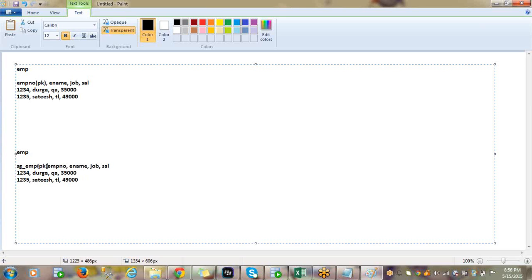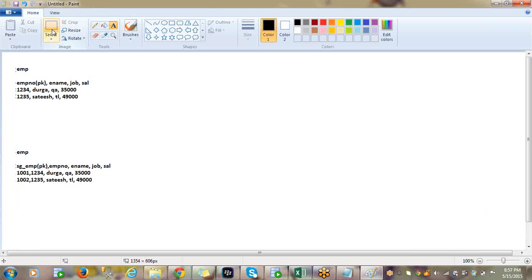This will act as your primary key, and it will have an automatically generated value. Like I can say it's a sequential one. If 1001 is my starting value, the second value would be 1002. This is how I am going to denormalize this particular table.